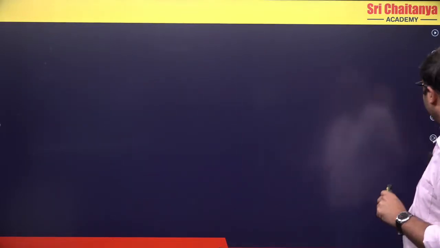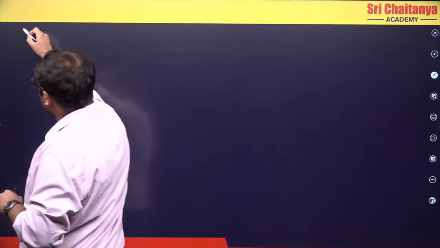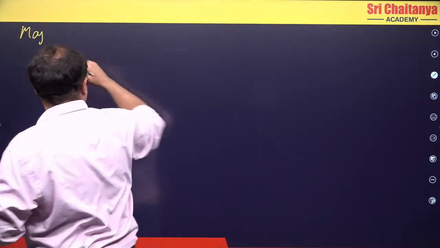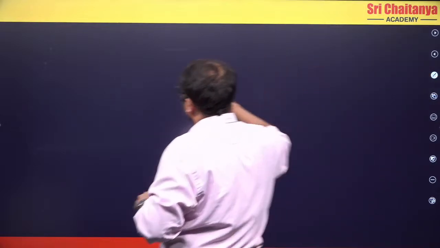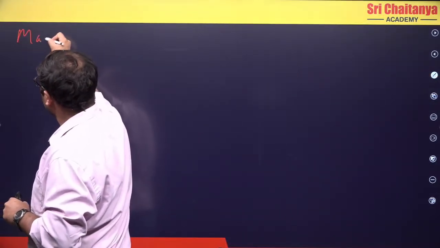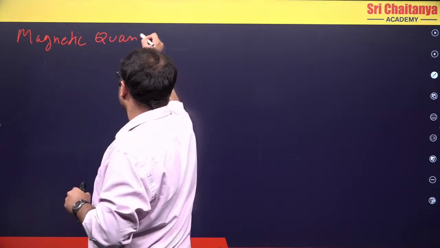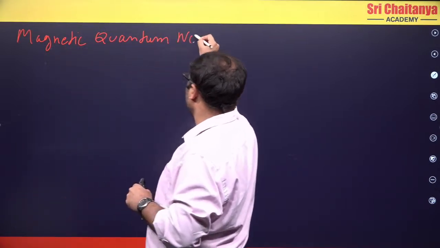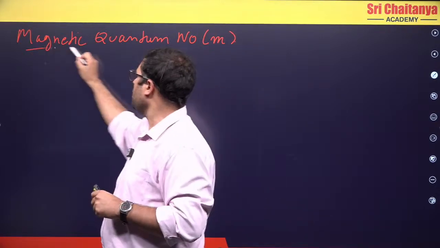Now moving on to the next quantum number, which is your magnetic quantum number, small m.